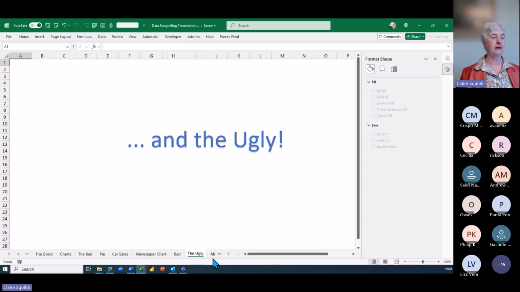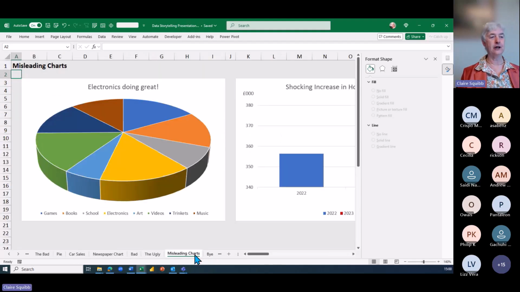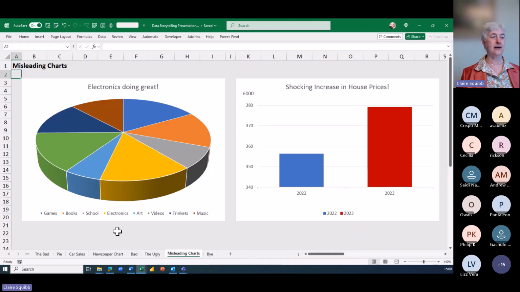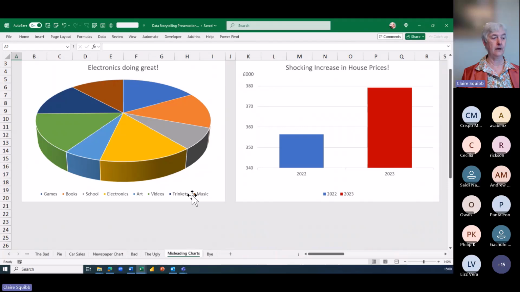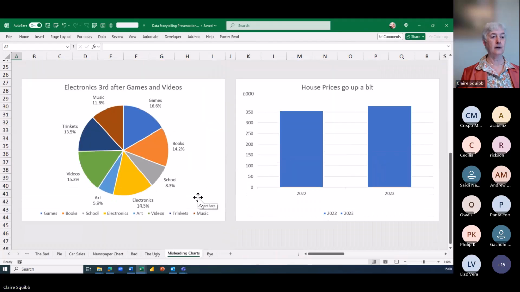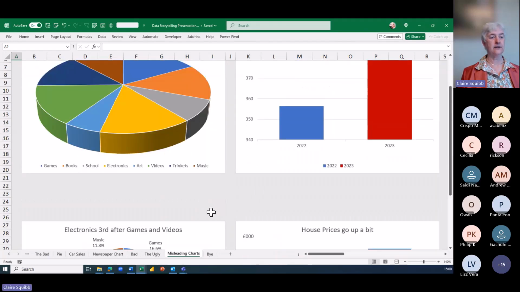I've got just a couple of charts here, just to make you think. Be careful about these things. There's our 3D pie. If I go down, these are what they are.